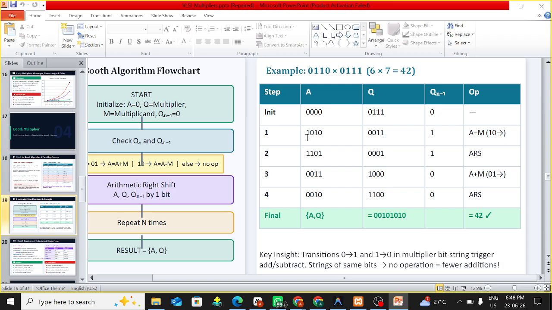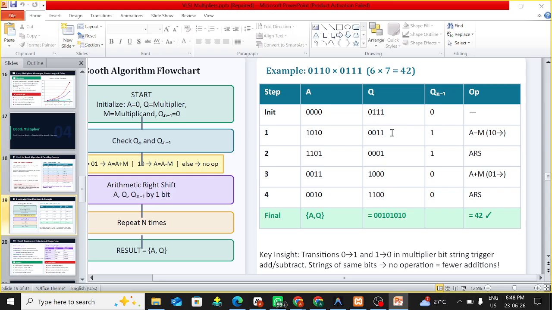Look here, the same thing you have right here. What is your A here? 1, 1, 0, 1, and your Q is 0, 0, 1, 1, and Qn minus 1 is 1. Okay. After shifting, your value becomes like this. Okay, so this will become the first cycle.